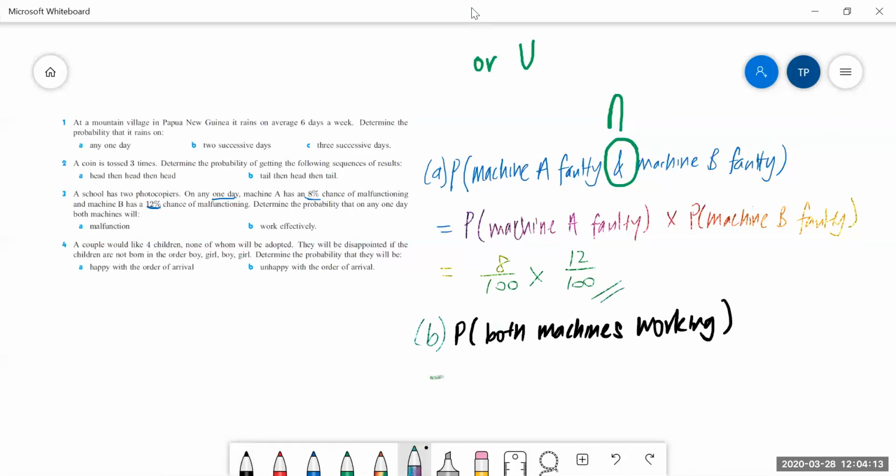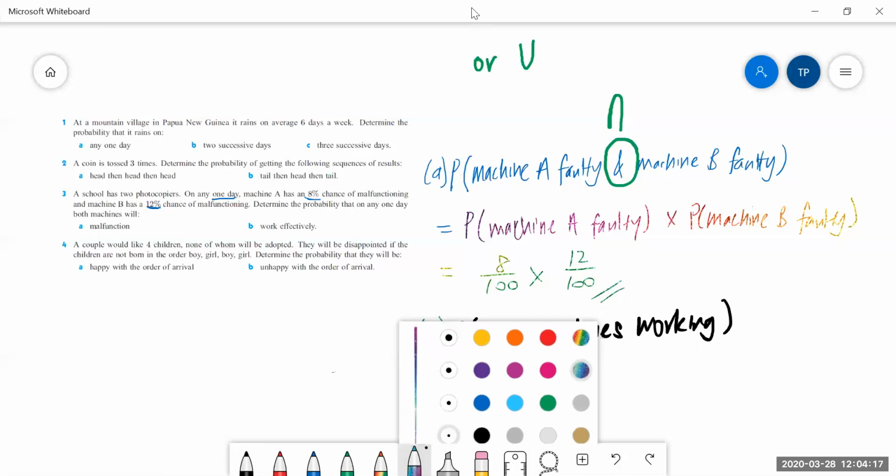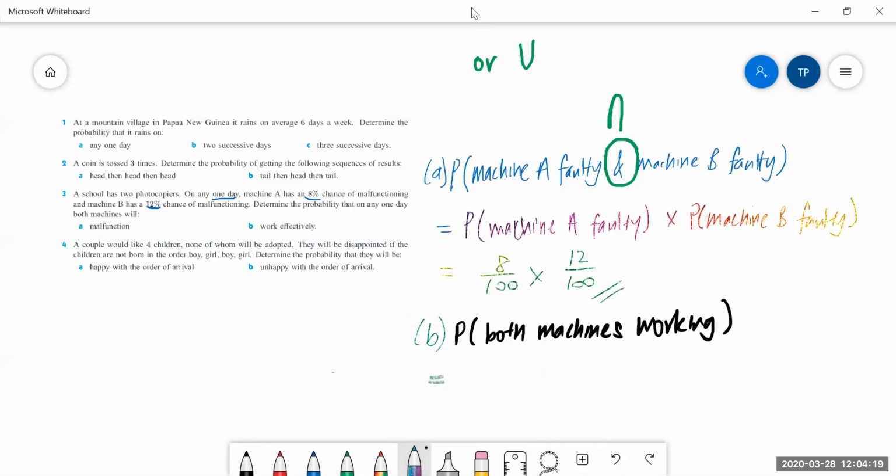So how are we going to do this? Must you show that it's 1 minus 8/100 equals 92/100, or can you just go with 92/100? You have to show it.